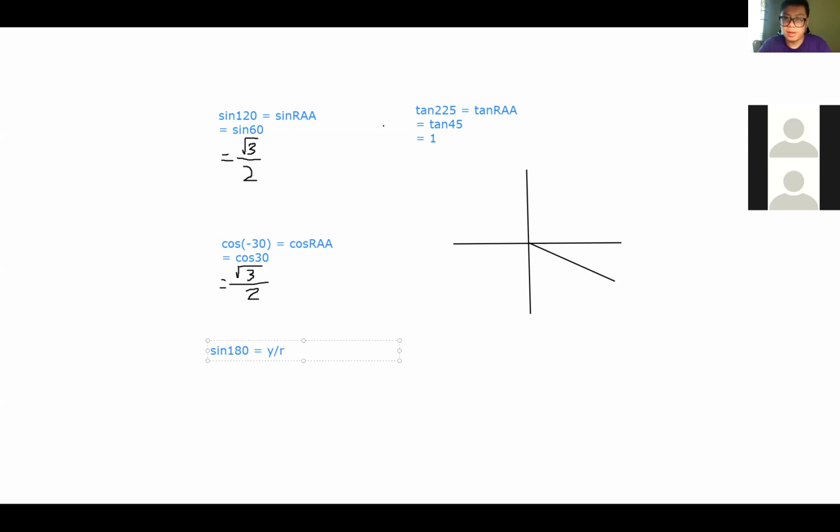Sine of 180 will lie on the x-axis. On the x-axis, y values are 0. So this would be equal to 0 over r, and it's just equal to 0. There you go. Sine of 180 degrees is equal to 0.